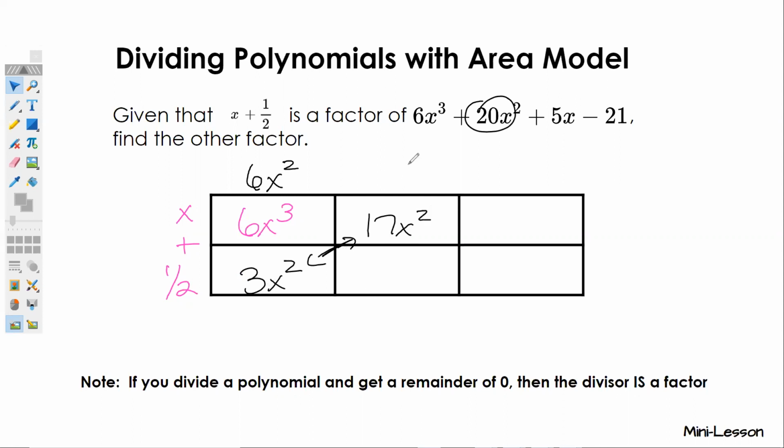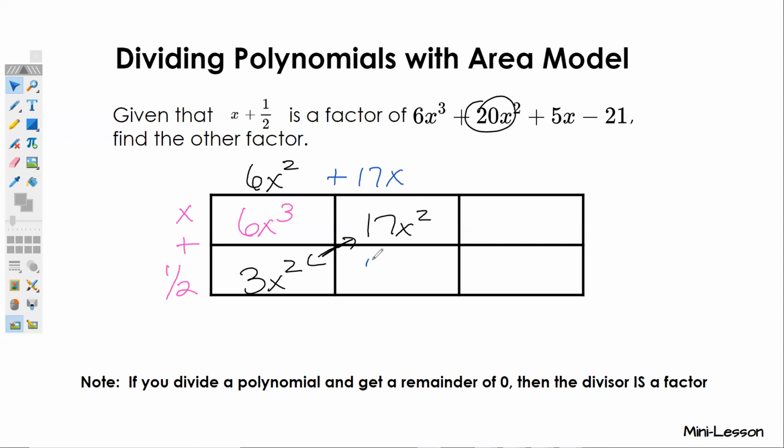So now we're going to ask ourselves, what times x would give us 17x squared? 17x, right? 17x times 1/2. Now here's the problem. So we would have 8.5x, or you can write this out as 17/2 x.